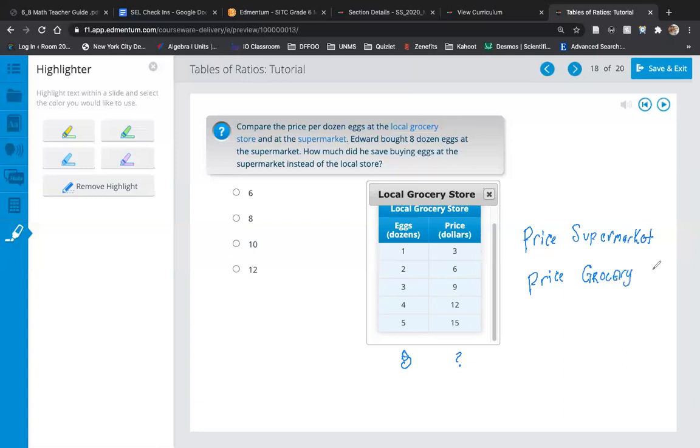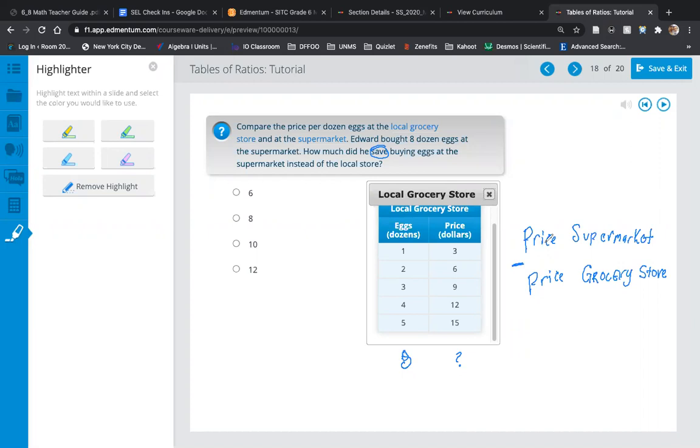Sorry, that's pretty sloppy, hopefully you can read it. And then if it's asking us how much money he saved by buying them at the supermarket, what am I gonna do with those 2 numbers in the end? One number is gonna be larger than the other, so the way I find out how much money he saved is you just subtract those numbers.